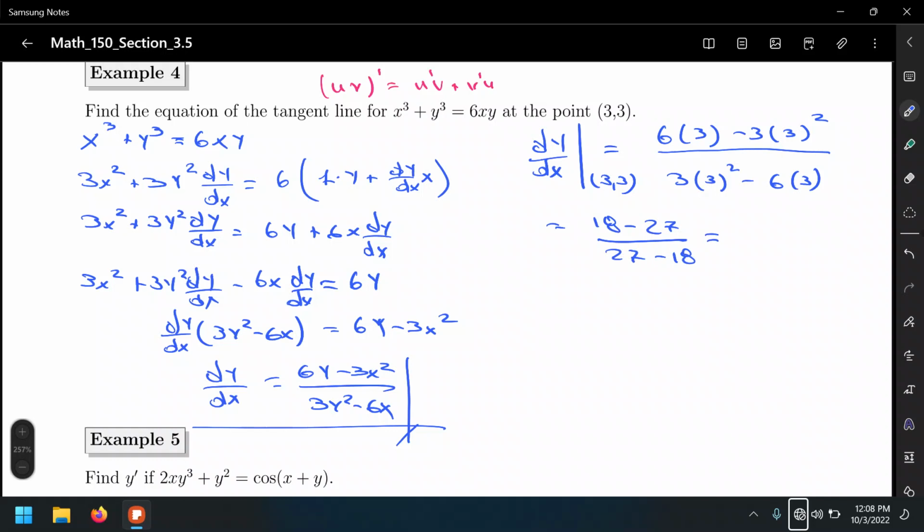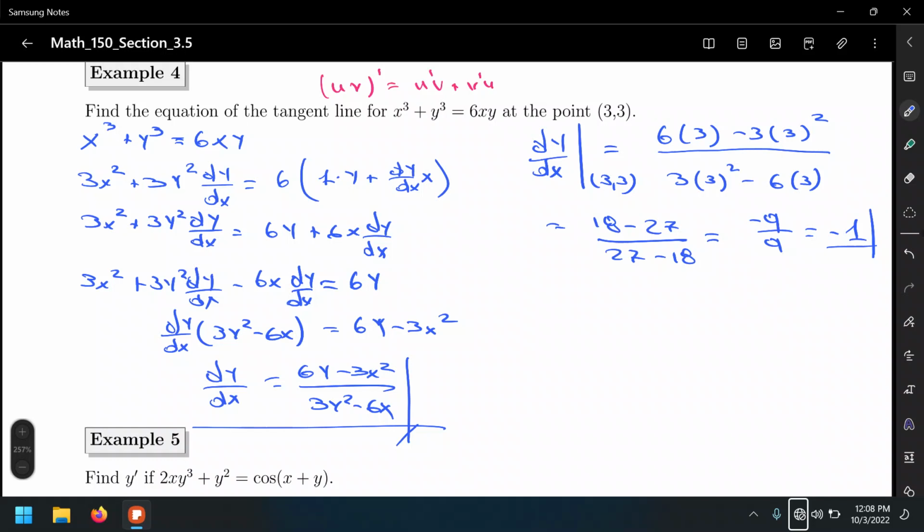So 27 minus 18, that's 9. So negative 9 over 9, which equals negative 1. So that's our slope at the point (3, 3).